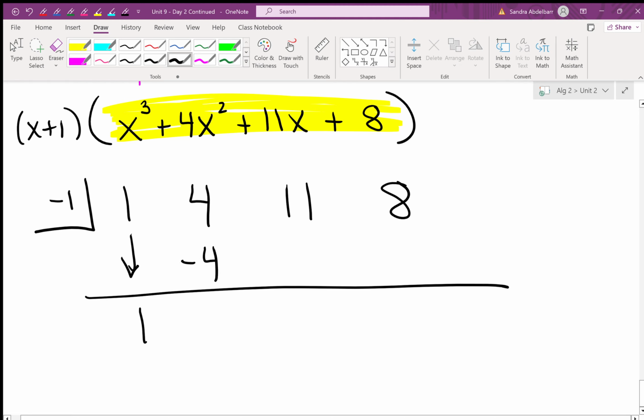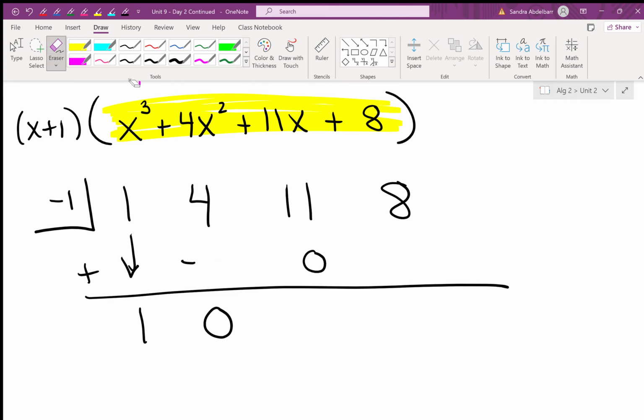So we're -4, that's 0. Sorry, I did -1. 4 minus 1 is 3. -3 times -1, 8 minus 3... -8 is 0.